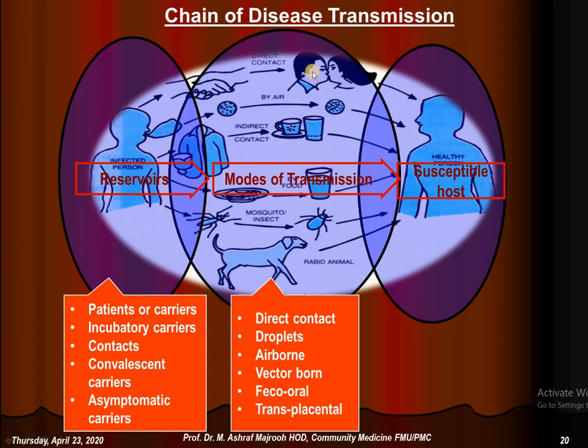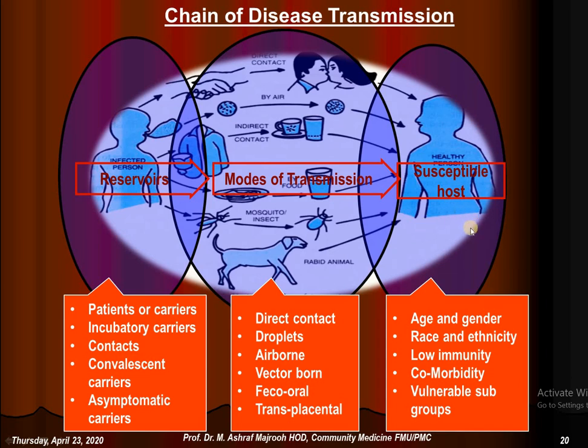All these are the modes of transmission in this loop, and the last loop is the susceptible person: age and gender, race and ethnicity, low immunity, comorbidity, and vulnerable subgroups. These factors render them susceptible.